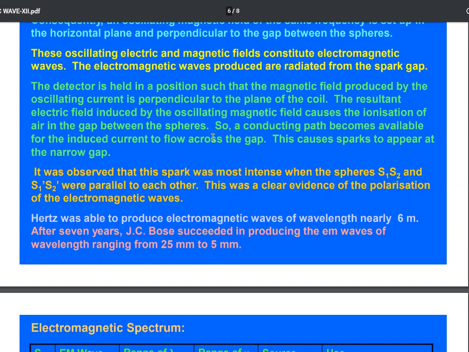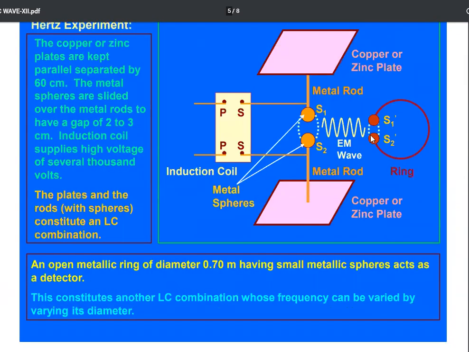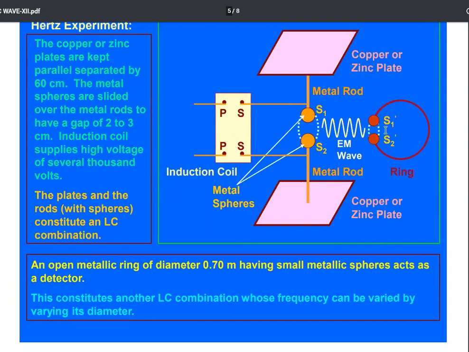Again, here ionization is created in this gap. Here, variation of magnetic field produces a high electric field. As a result, air in the gap between these balls gets ionized.